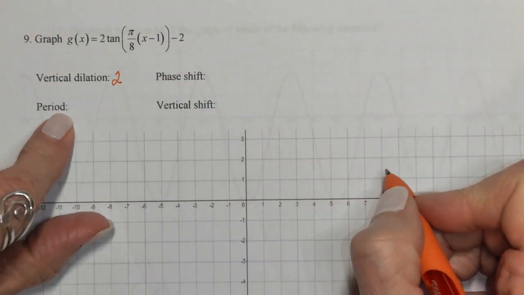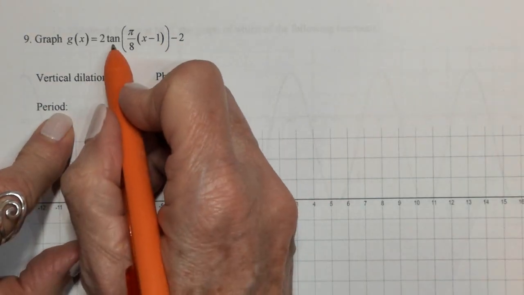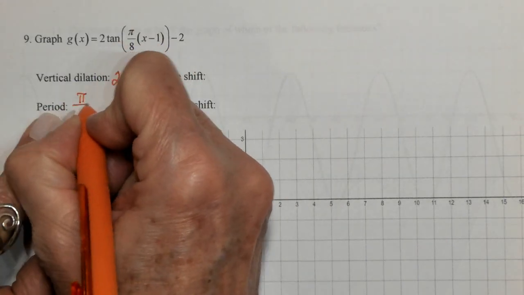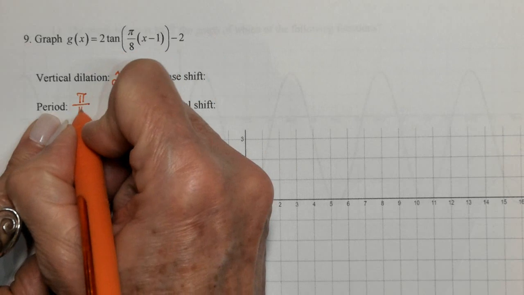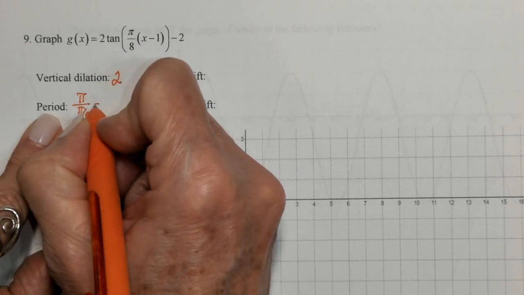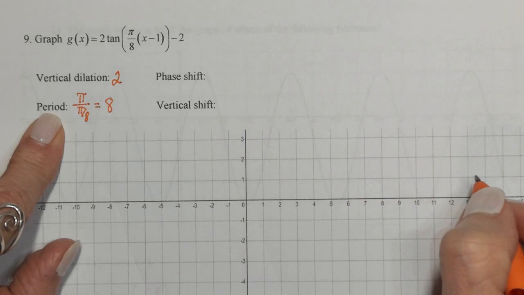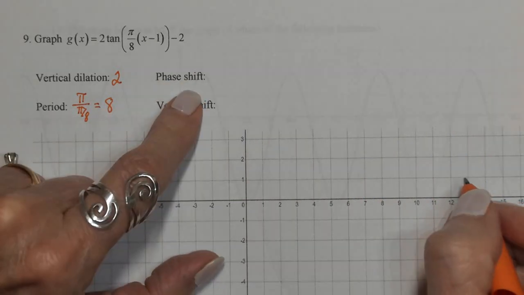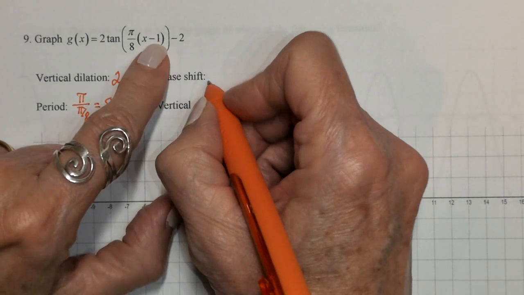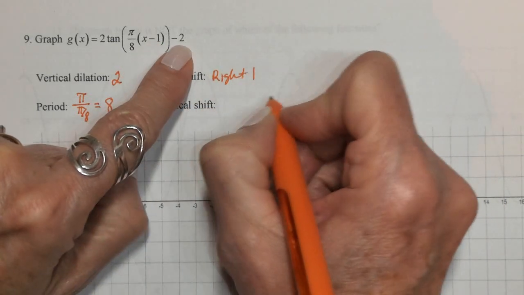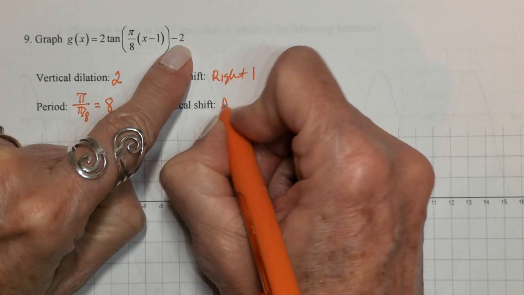Okay. The period. Well, the normal period for tangent is not 2 pi, it's pi. Normal period is pi. I divide by the x coefficient, multiply top and bottom by 8, and we get 8. The phase shift is to the right 1. The vertical shift is down 2.